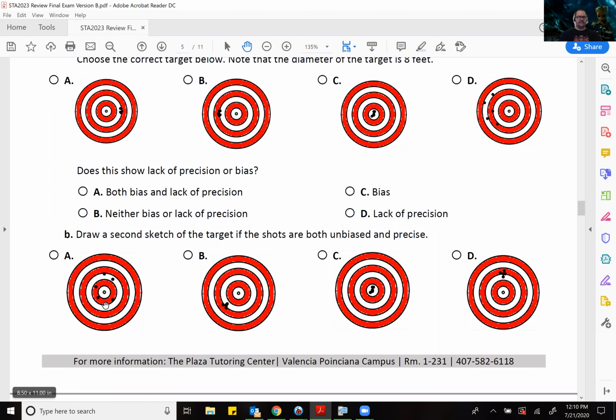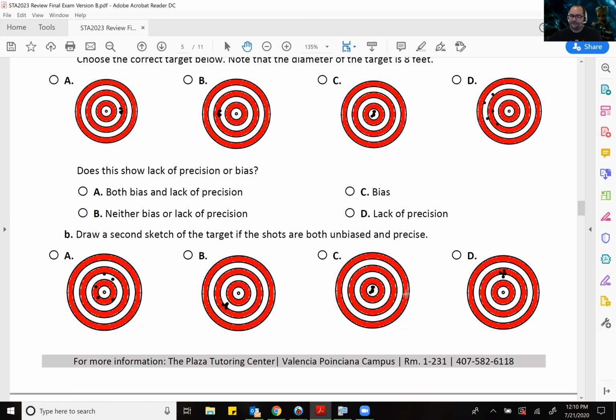So this has the example like here. This is accuracy because we're near the center, but poor precision. This one right here, good precision, poor accuracy, or biased. This one right here, again, good precision, but biased because it has poor accuracy.